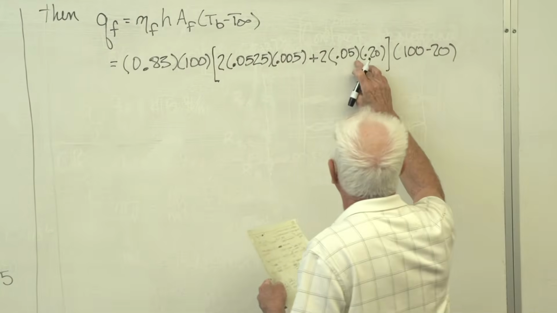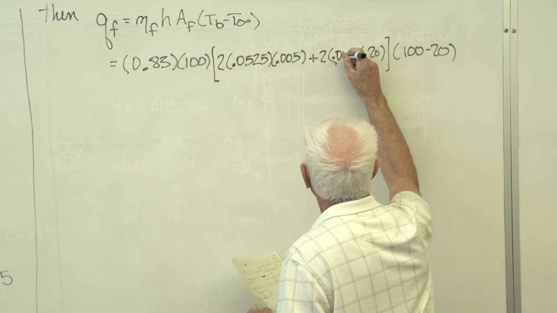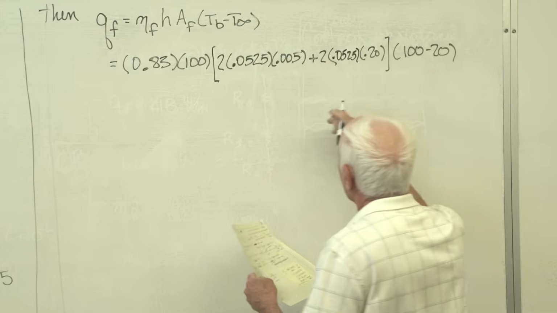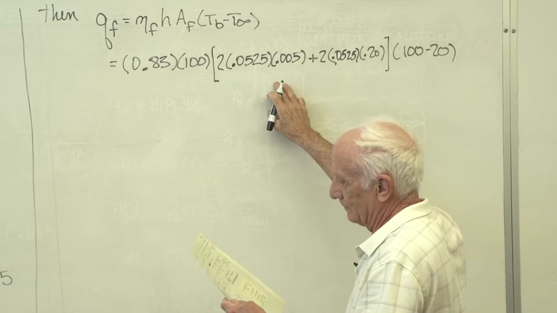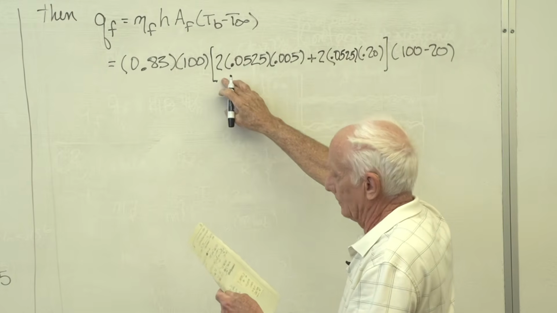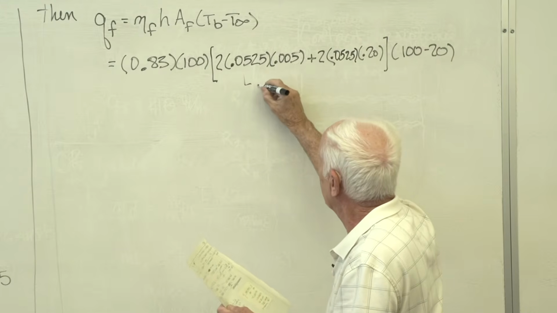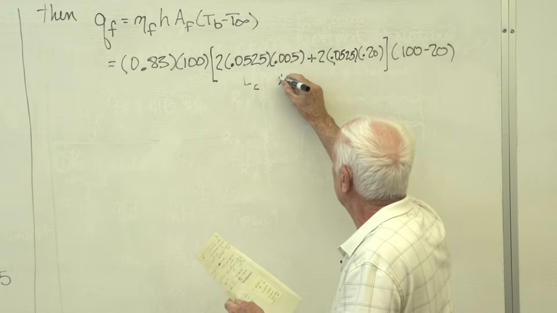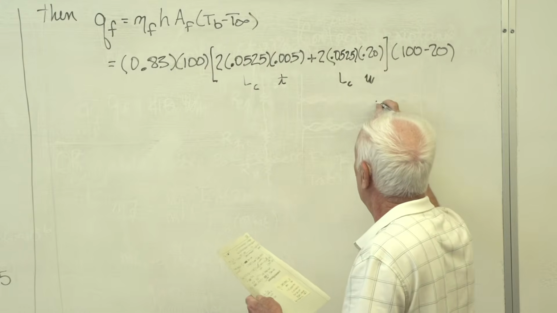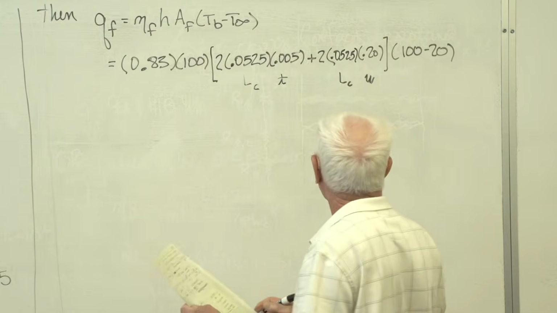Okay, this has to be 0.0525. Two times, that's front and back. Corrected fin length, L sub C times T, L sub C times W.